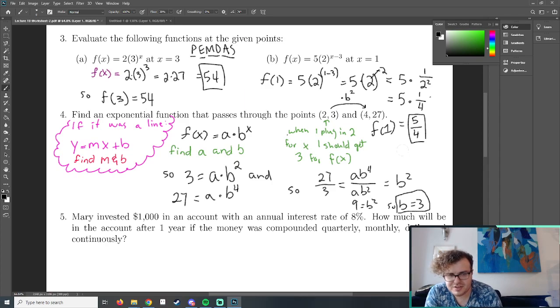Now that we know b equals 3, it's pretty easy to go back into either of these 2 points over here and use that information to solve for a.